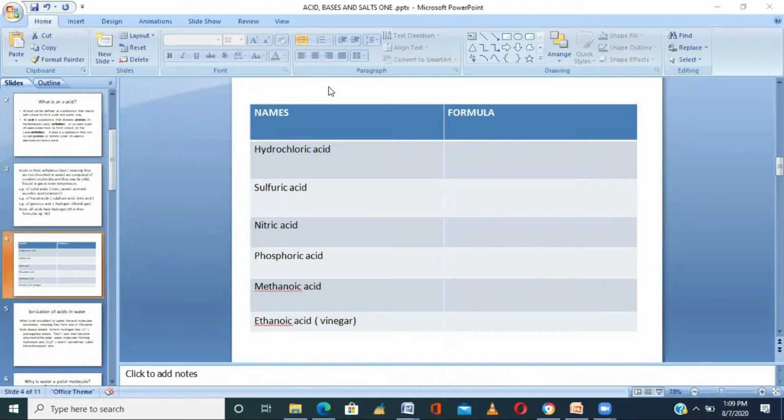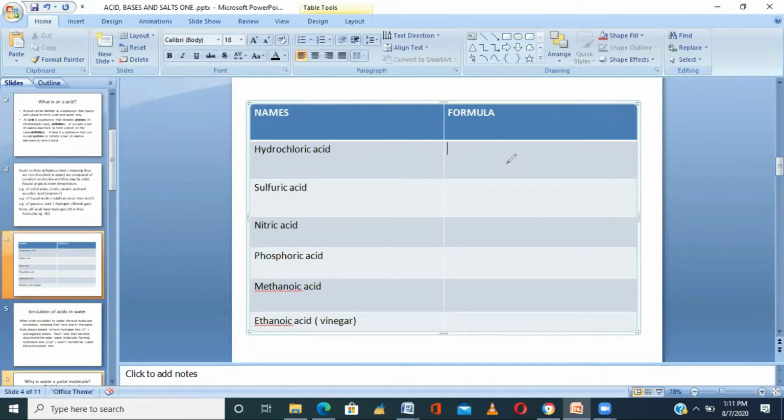Well, the two at the bottom are organic acids, and I don't expect you to remember those, or to know them, because when we move on to organic chemistry, you'll have a better understanding how to write them. But the reason I gave you this is because I want you to have exposure to it.